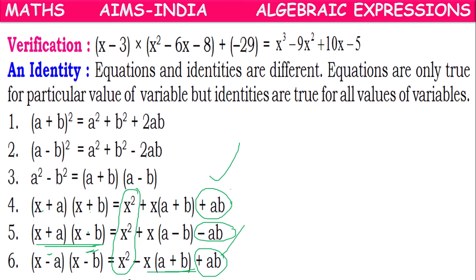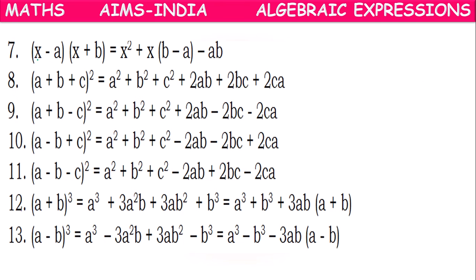And if the second term is minus, the middle minus will come. If both are minuses, then minus x into the x term, the total x term will become negative. Or if for a you have a minus symbol, then also the last term will become minus, and here b minus a will come.